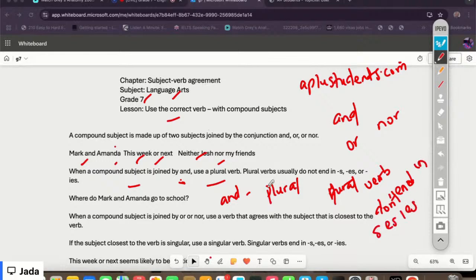Whenever you have plural verbs, they do not end with any of the s, es, or ies. It's just like saying, where do Mark and Amanda go to school? You see that the verb does not have es or s or ies.